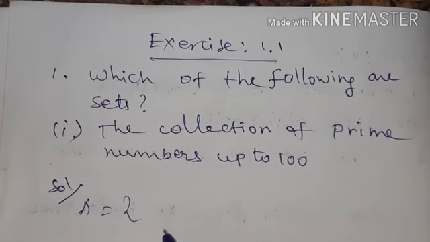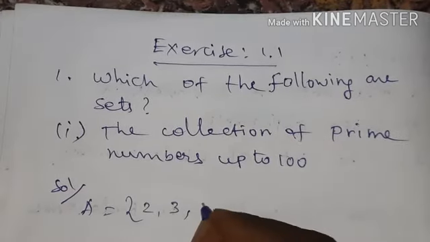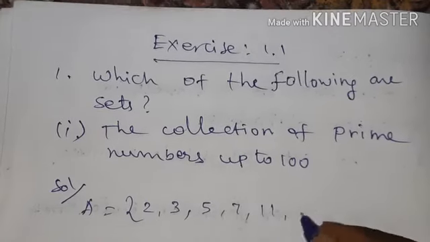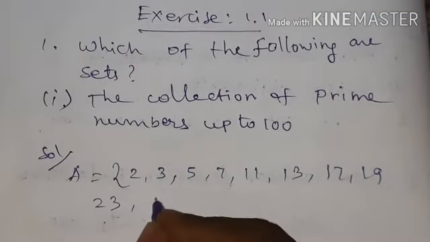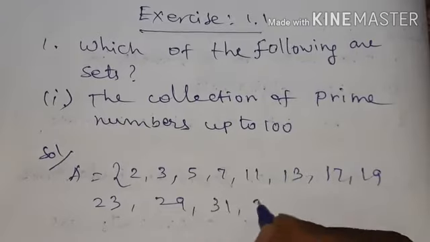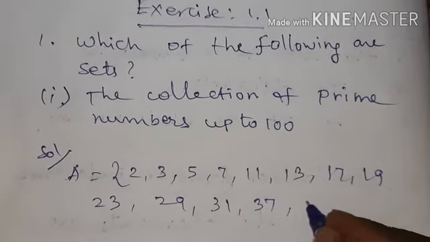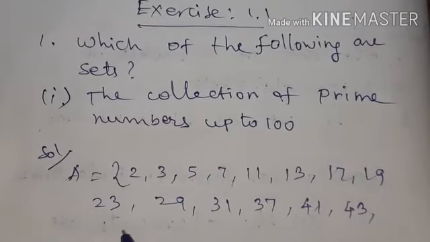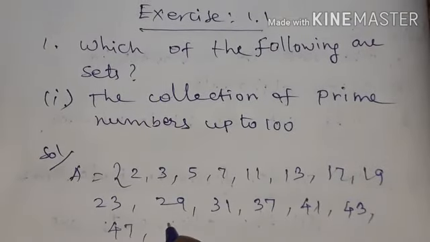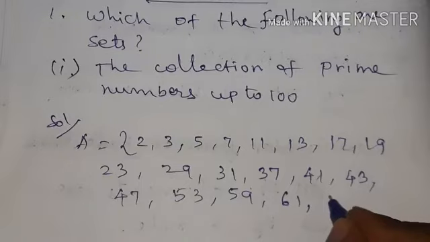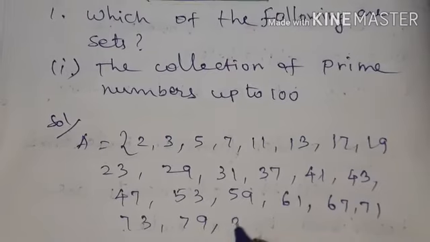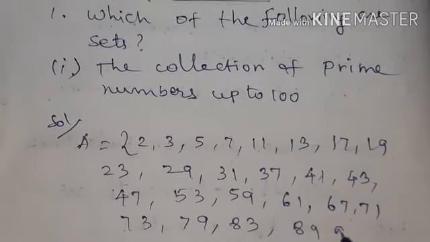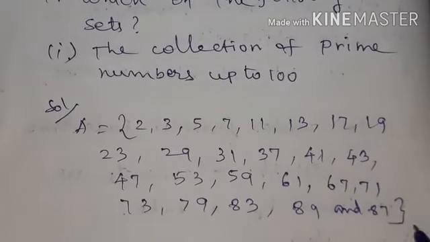Write in roster form: 2, 3, 5, 7, 11, 13, 17, 19, 23, 29, 31, 37, 41, 43, 47, 53, 59, 61, 67, 71, 73, 79, 83, 89 and 97.